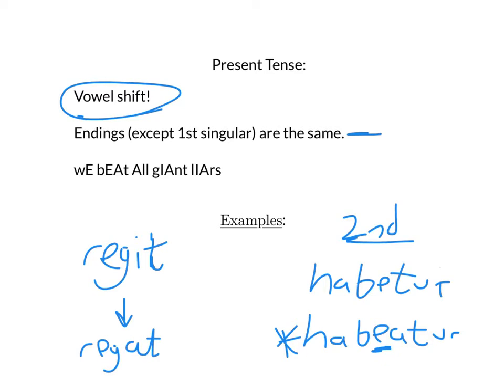That is simply because the E in regere, which is in the third, is a short E, and therefore it doesn't hang on for dear life when you add that vowel. So the long E over here in habetur was retained because it's a long E, habere.